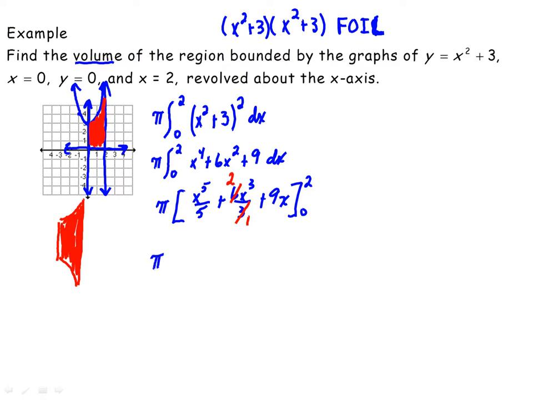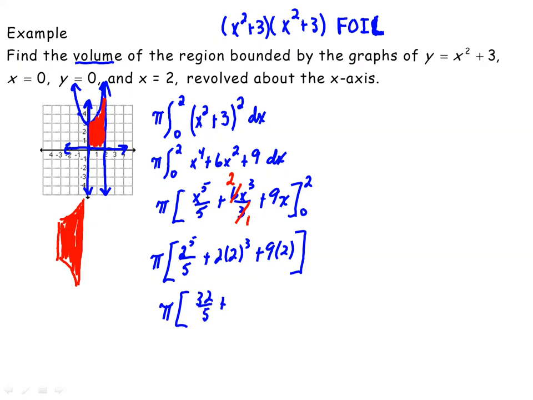All right, let's go ahead and plug in. So we'll have 2 to the 5th over 5 plus 2 times 2 cubed plus 9 times 2. And the 0 is not going to matter here. So if we do all this, plugging it in the calculator, we're going to have pi times 32 over 5 plus 16 plus 18.